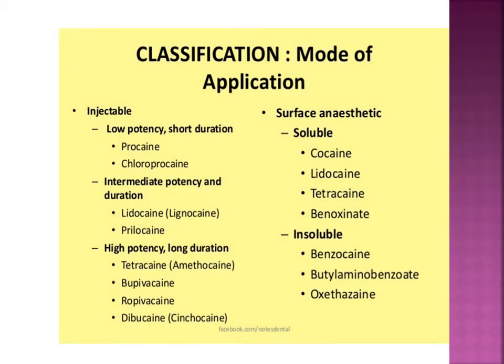Based on mode of application, local anesthetics may be divided into two: injectable and surface anesthetics. Injectable local anesthetics can be classified into three based on potency. Low potency, short duration, like procaine.